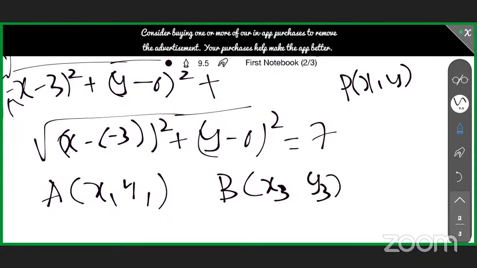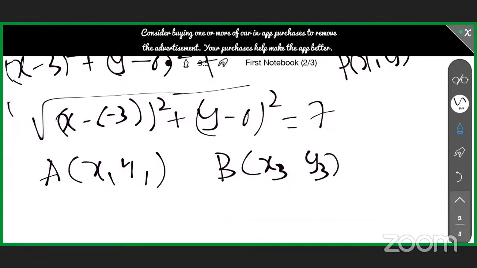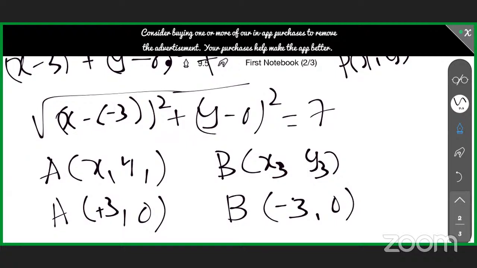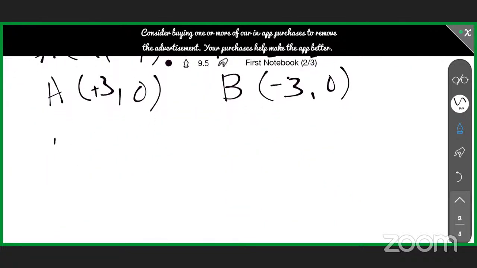Let us see what happens here. In the x1 place I got 3, therefore the value becomes 3. In y1 I am getting 0. So here, in the place of my x3 I am getting minus 3. This is 0. So now I got my A and B. Find the distance AB.